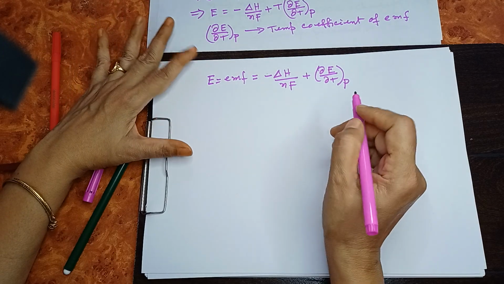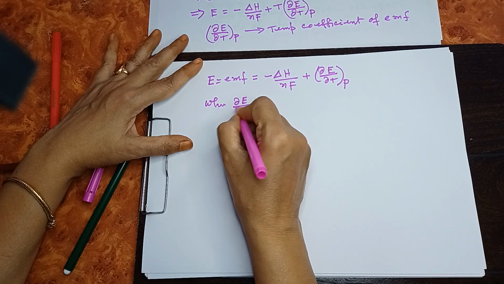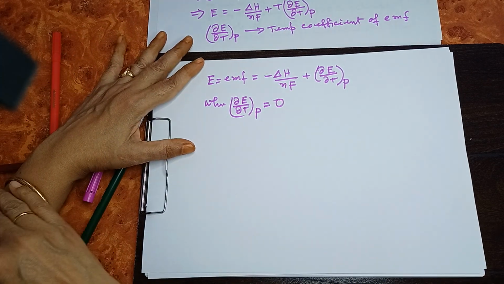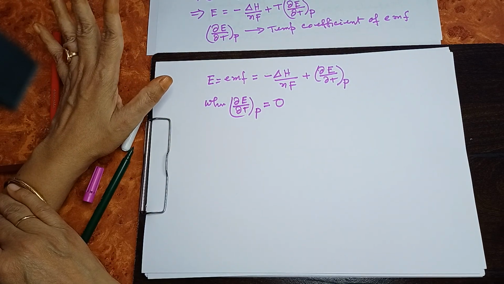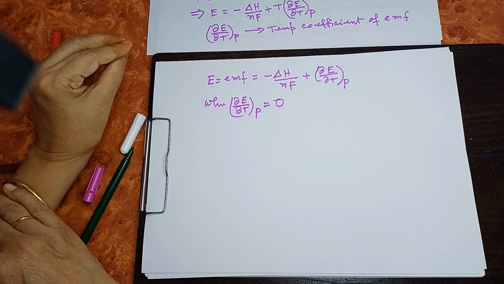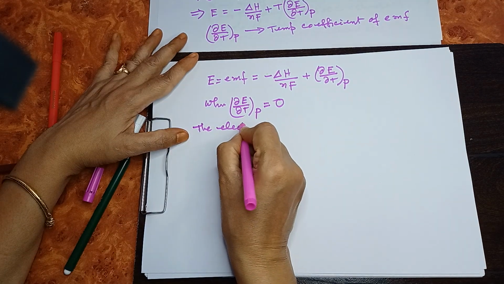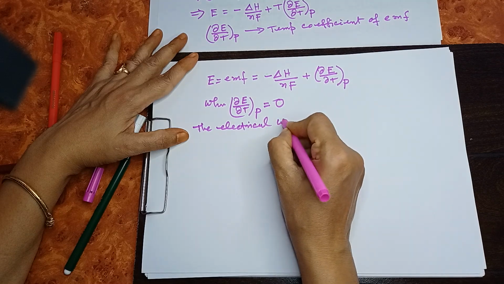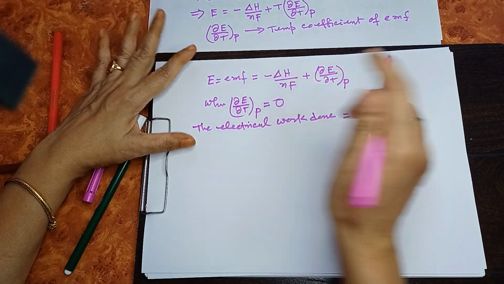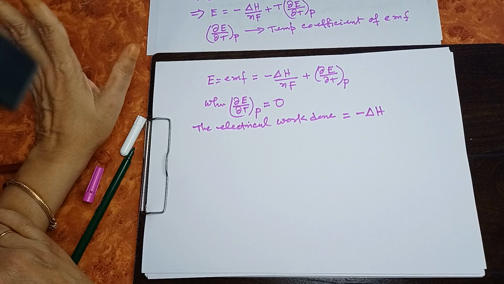Now, from this equation you see, when ∂E by ∂T at constant pressure, that means the temperature coefficient of EMF, is equal to 0, in that case the electrical work done is equal to the decrease in the enthalpy or heat evolved in the cell reaction, right?